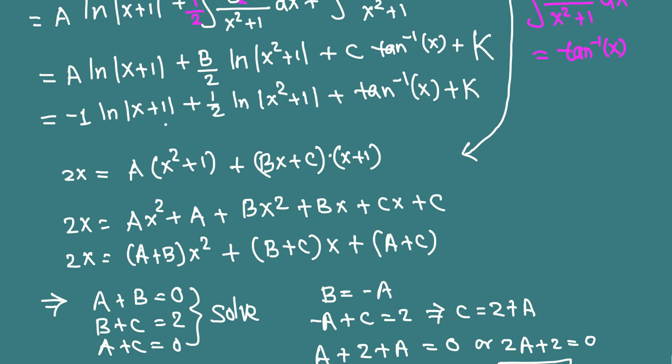We can combine these two natural log terms. 1/2 can be put on the exponent here and negative 1 there. Then we'll have a sum of two natural logs, which is the natural log of a product. But that's not necessary. This is it. This is the final answer.